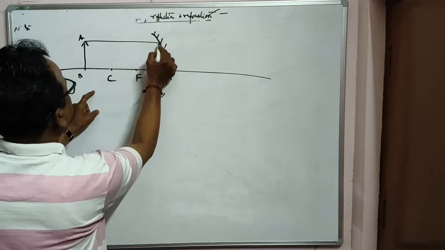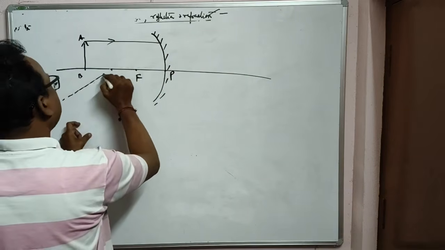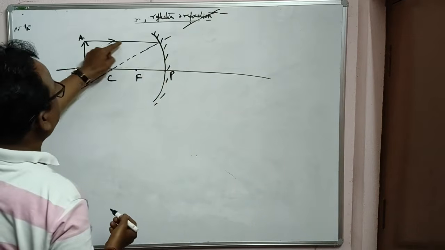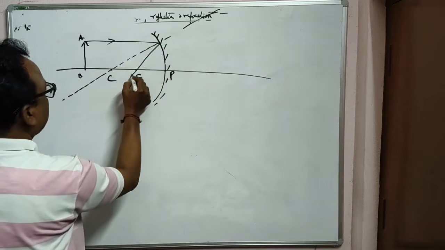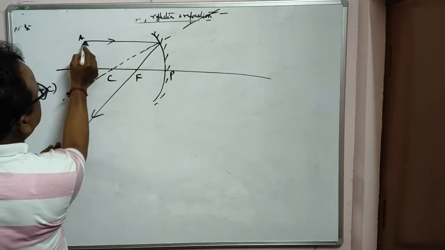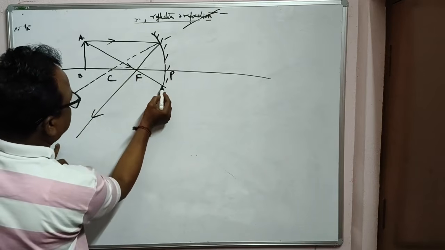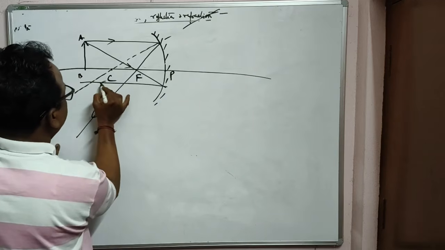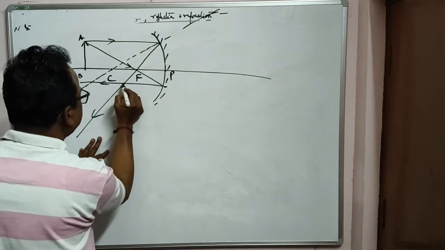So one light ray I'll take like this, and you all know this one is the normal. Okay, one light ray meeting the surface, you have to go through focus. Next one I'll take through focus. Through focus means what happens? It goes parallel. So you can see this light and this light both are meeting over here.